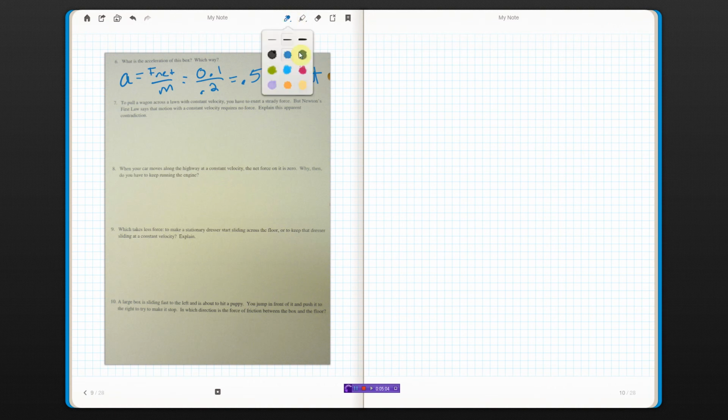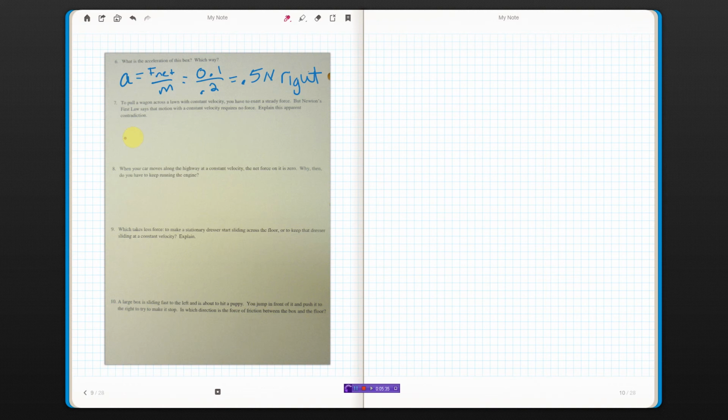Okie dokie. Change colors. That shows up better. To pull a wagon across a lawn with a constant velocity, you have to exert a steady force. But Newton's first law says that motion with a constant velocity requires no force. Explain this apparent contradiction. Well, the thing is, what Newton's first law really says is an object stays in motion with a constant velocity if there is no net force.